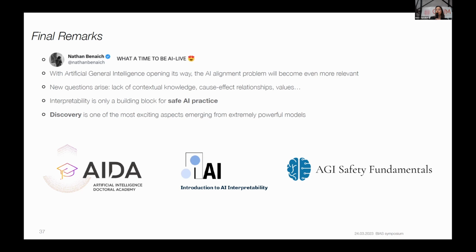We just need to be focusing on new questions that are also very important. And since it's been the topic of my postdoc, I also think that using interpretability to discover new patterns and focusing on scientific discovery is also a very exciting aspect of working with these powerful models, because they can probably find patterns that we don't know about, and we don't expect them to find.